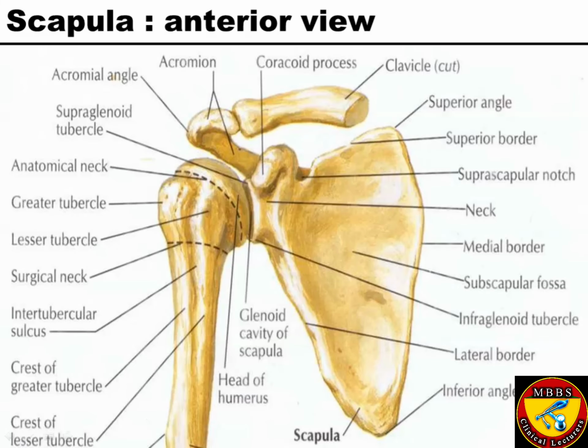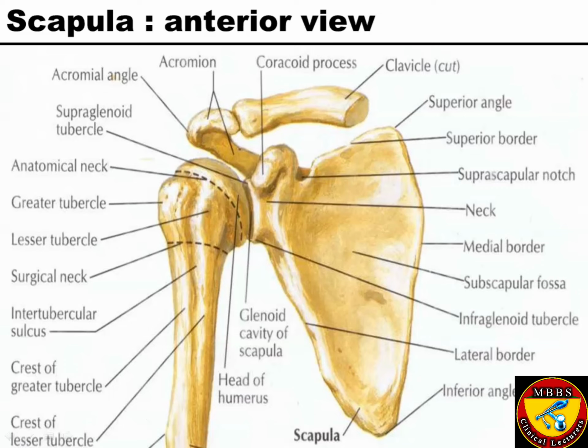The lateral angle bears the glenoid cavity, which articulates with the head of the humerus to form the glenohumeral joint, also called the shoulder joint. The lateral angle bears two tubercles, a supraglenoid tubercle and an infraglenoid tubercle.